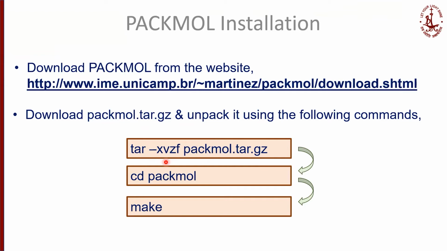Once it is unpacked, it will create a directory called Packmol. You go inside Packmol and then you type out make. Once you type make, it will say at the end, Packmol built successfully. So this is a 3-step installation for Packmol. Once you have your Packmol and your GROMACS properly installed, you are good to go.